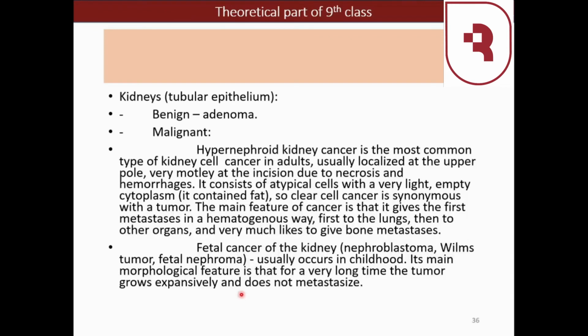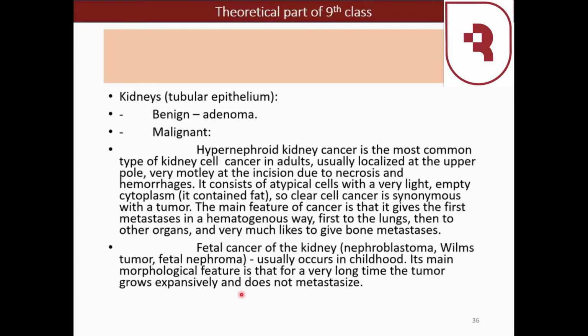This node is characterized by a very motley picture of the incision due to necrosis and hemorrhages. It consists of atypical cells with a very light, empty cytoplasm, and it's associated with a lot of fat inside of them.